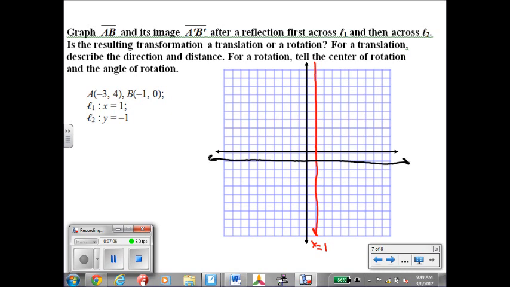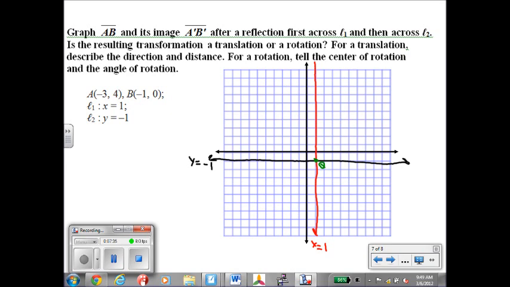So before we even start doing the problem, can we tell if it's going to be a translation or a rotation? Yeah, we know it's going to be a rotation. And it's going to rotate about whatever we want to call this point right here in the middle. What do you guys want to call it? Q, sure. So we know it's going to rotate about Q.